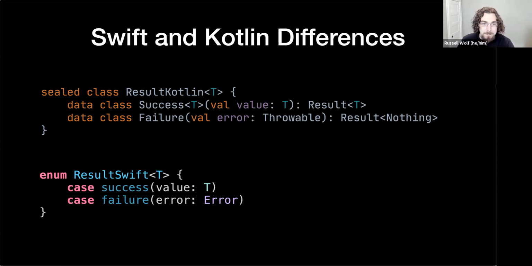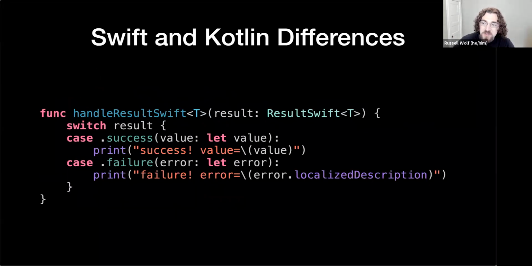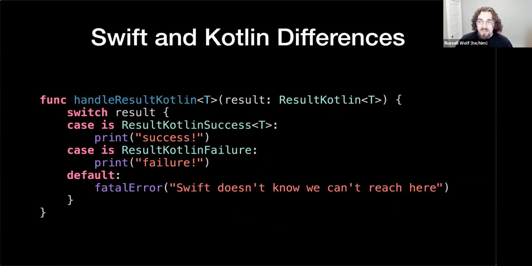So if I'm a Swift developer, what I'm used to when I interact with a Swift type is being able to do things like run a switch and have it be exhaustive and not need to write a default case. But when I try to consume the Kotlin one, that doesn't work.